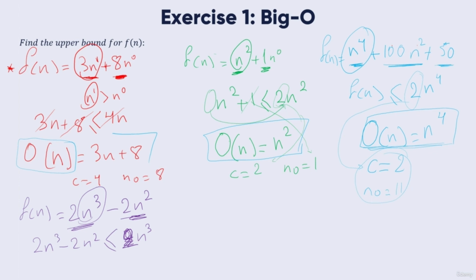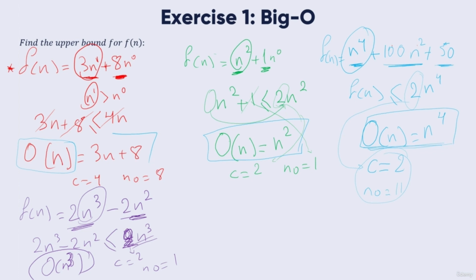We don't care about this function; we only care about its big O notation. It is O of n cubed because it is the highest degree. This is the big O notation of this function, where c is equal to 2, the constant, and n0 is equal to 1.